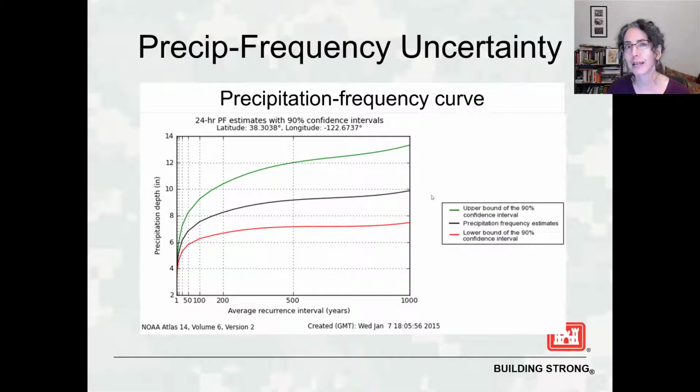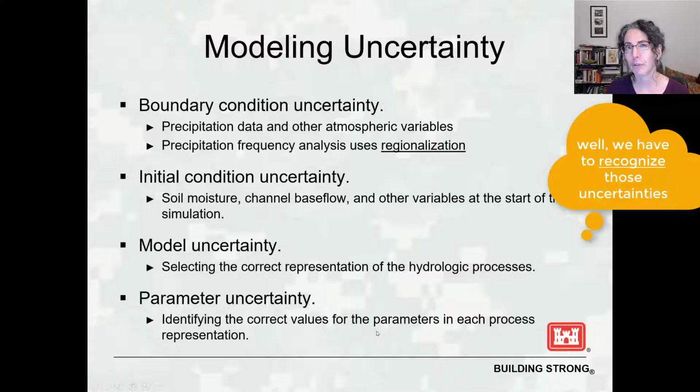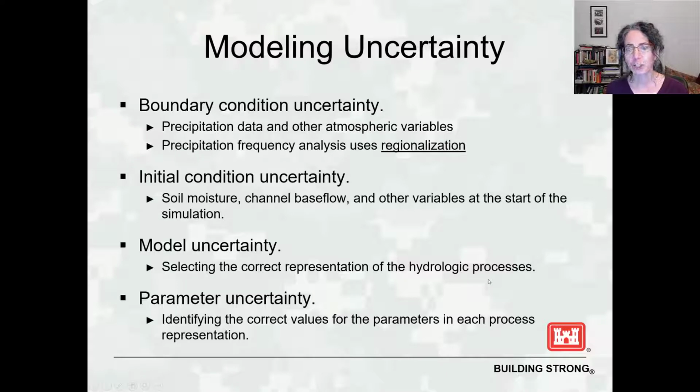So the equivalent record length of a precipitation frequency curve is going to be quite a bit higher than the equivalent record length of a flow frequency curve, right? So our first input might have less uncertainty for this method, but then we have to bring in all the other uncertainties that are involved with the hydrologic modeling. We have uncertainty in the initial conditions, the soil moisture, the channel base flow, the other inputs that we have to define at the start of the simulation.